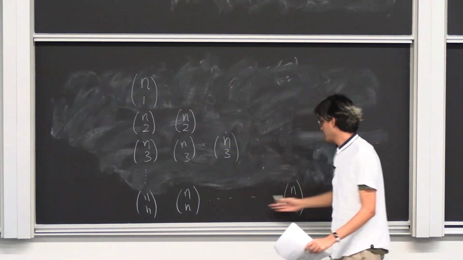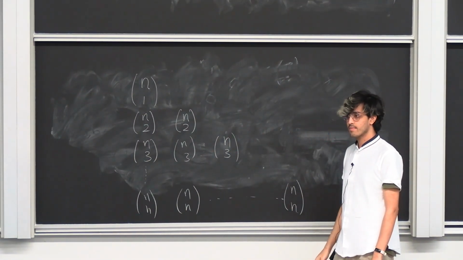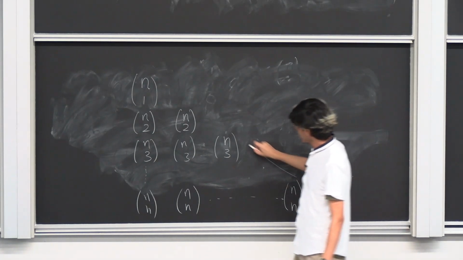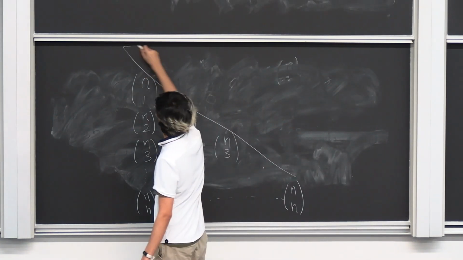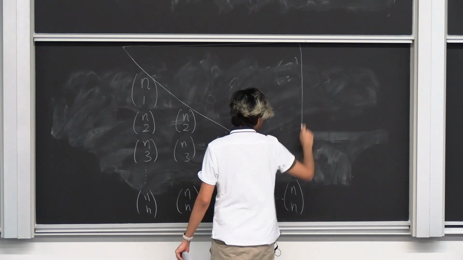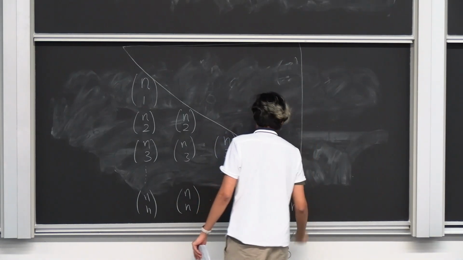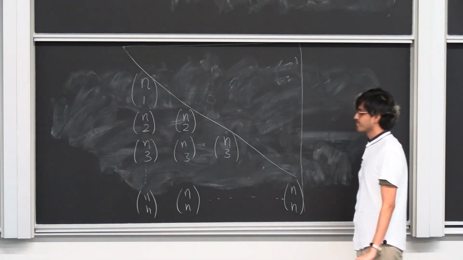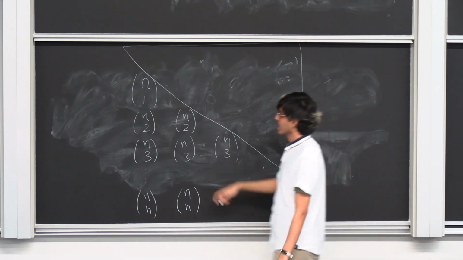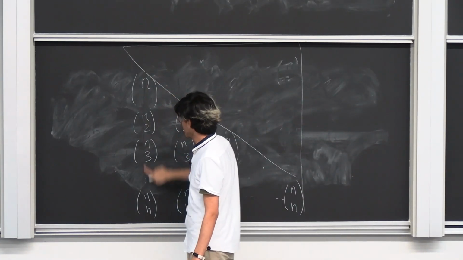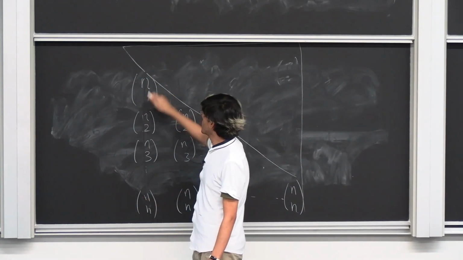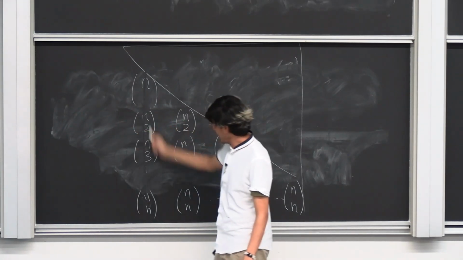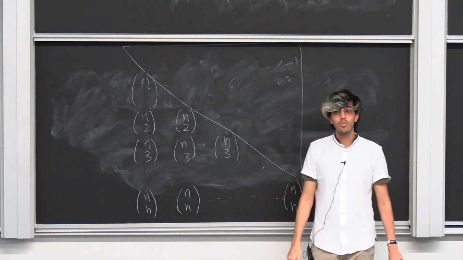This looks like half of a square, right? There's some part that's missing. If we look at the column, what's different from that summation and this column? What are we missing?